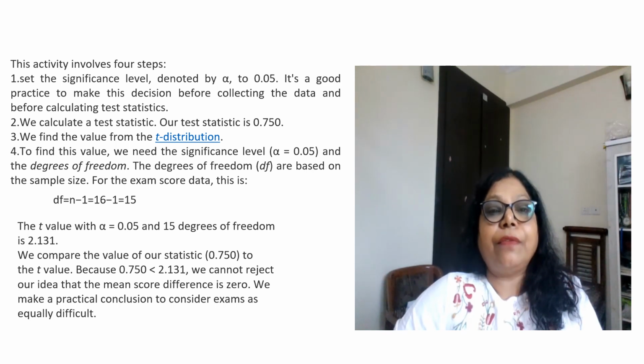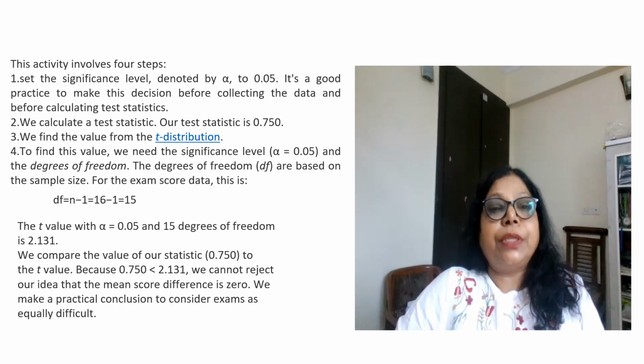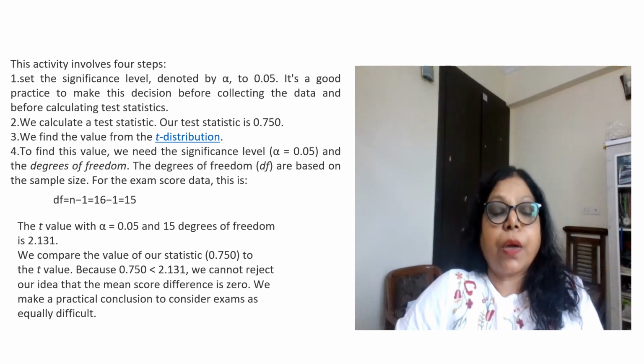That is, we have taken a 5% risk. Let's say that we want to say the mean exam score difference is 0, when in reality it is not. So in statistics, we set the significance level denoted by alpha, that is 0.05.